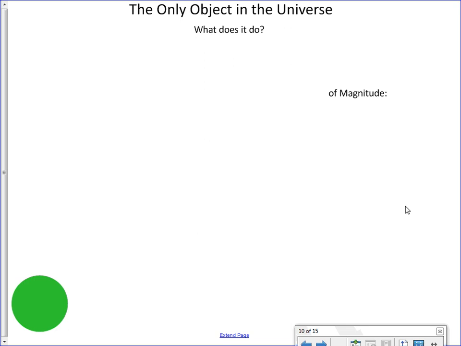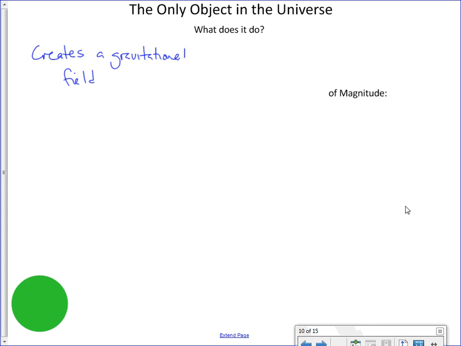So, we come back to an idea that we began the other day, and that is that if there were but one object in the universe, what would it do? Well, what we said is that this mass creates a gravitational field. All right?